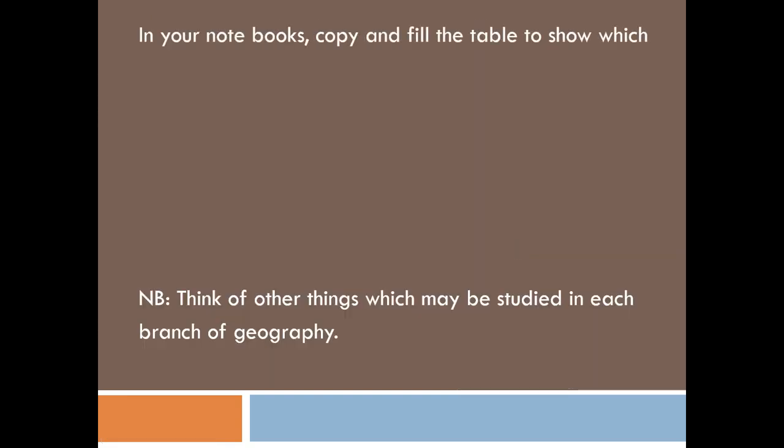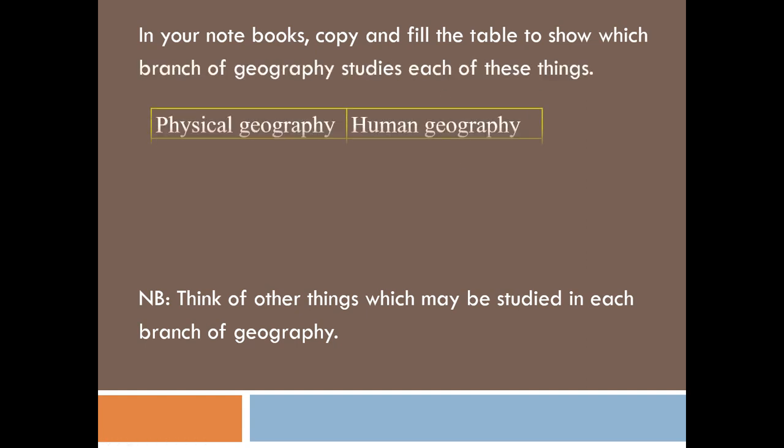So in your notebook, after looking at those 4 photographs, I want you to copy and fill this table. We are looking at the branches of geography and what we can study under those branches of geography.